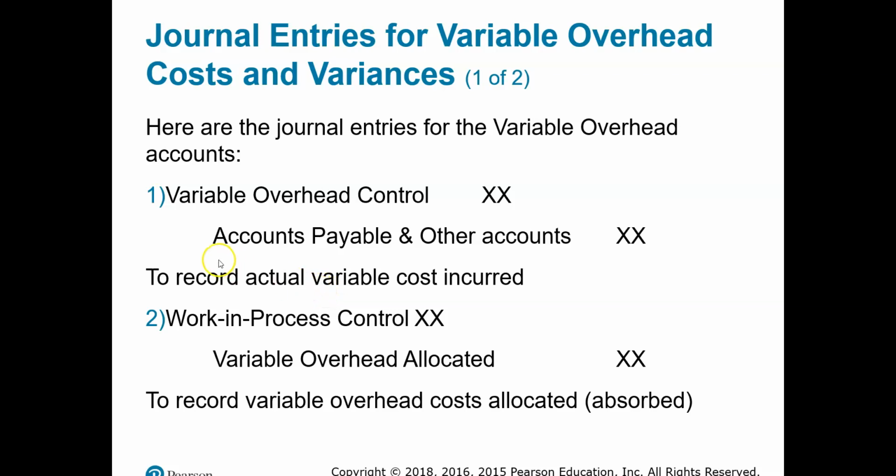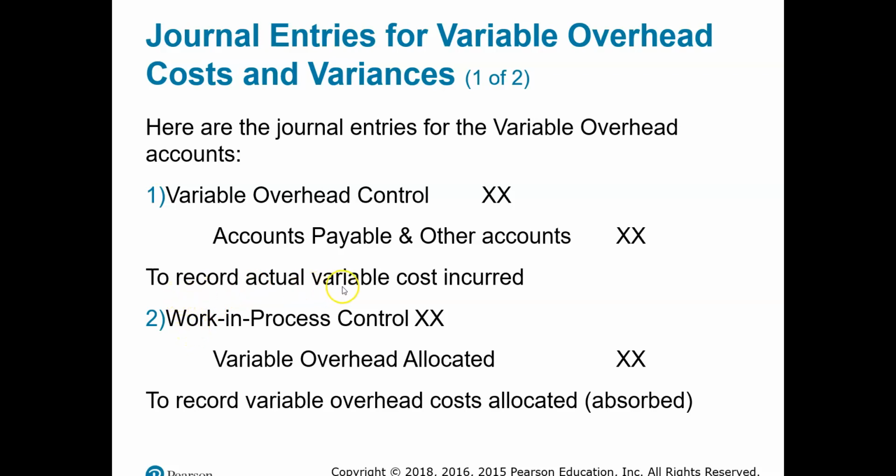With the journal entries, we're going to talk about these journal entries real quick. We incur variable overhead costs, just like before: we debit variable overhead control for the amount of the costs, and then we credit accounts payable, wages payable, any other accounts, things like that.